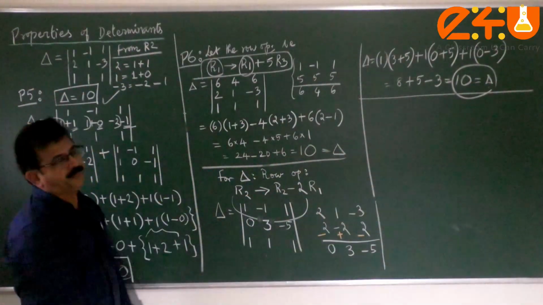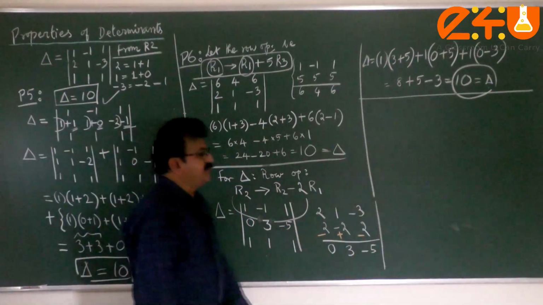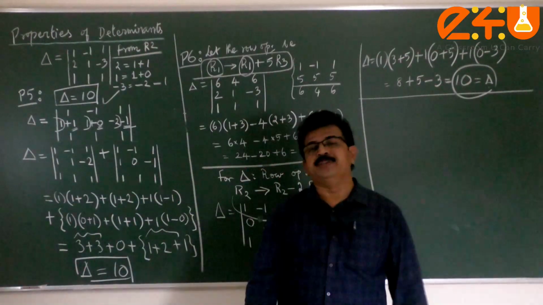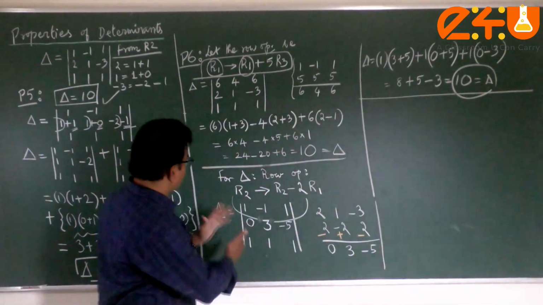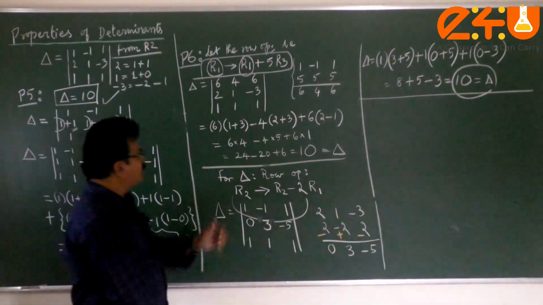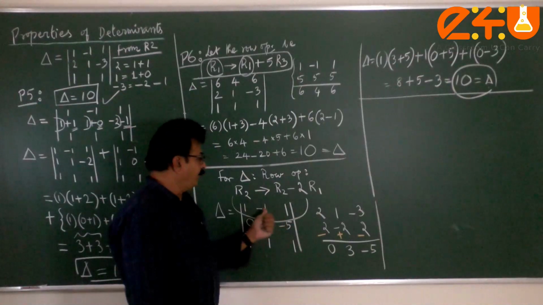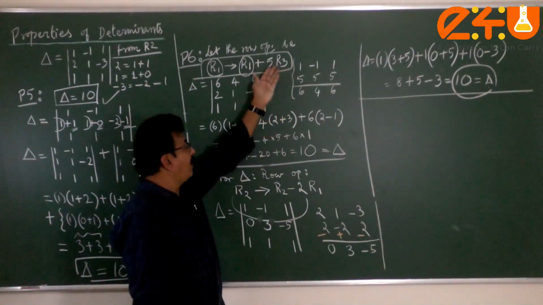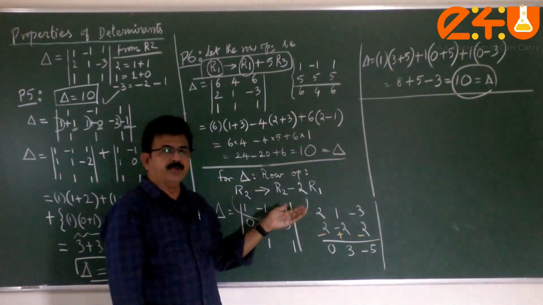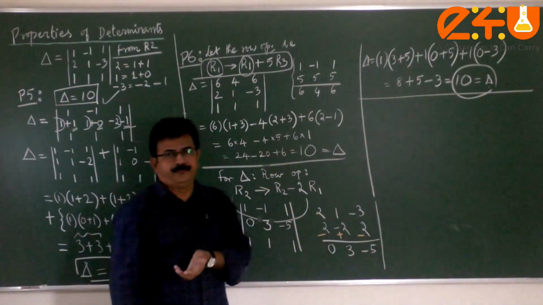Nothing has happened. So this is the demonstration we have done for property 6. To elements in a row, you can suitably add or subtract multiples of any other row.